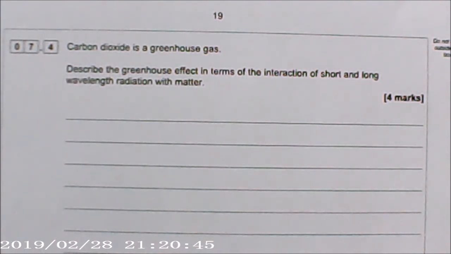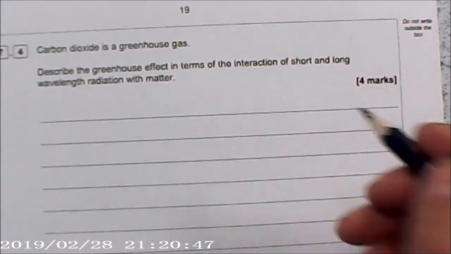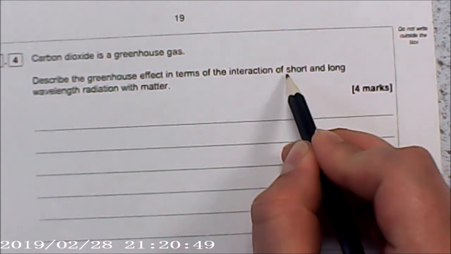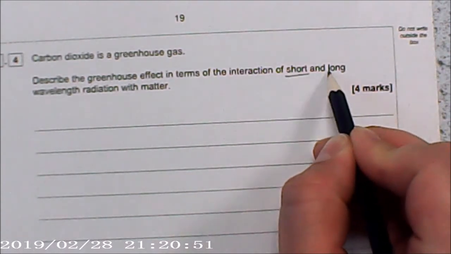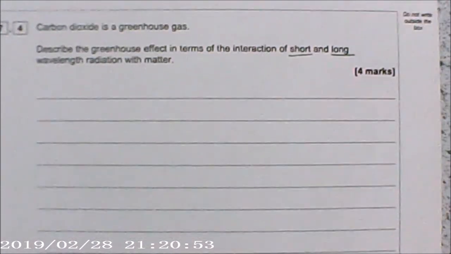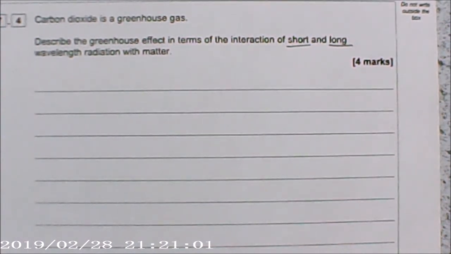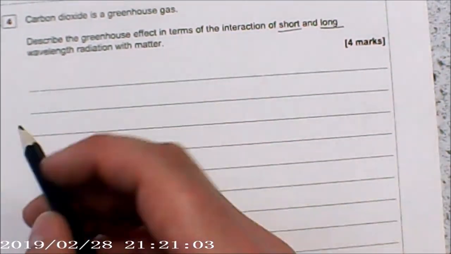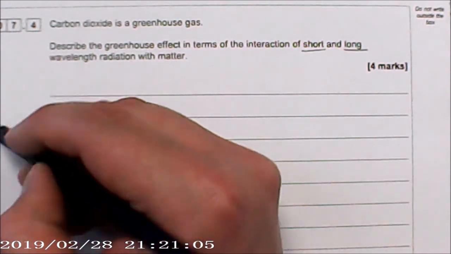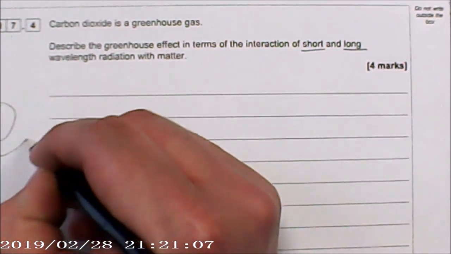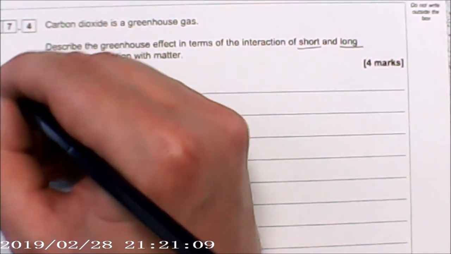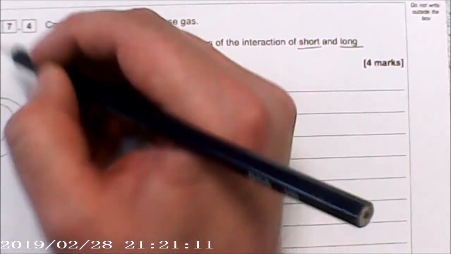Now that sounds like quite a complicated sentence, but actually it's really good that that sentence is in there, because it's reminding you to talk about the 2 different types of waves. So we've got 4 marks, so again we need to make sure that we've got at least 4 points in there. Remember, if you want to draw a picture to help you as you go through, please feel free. I'm not going to mark you down for that.